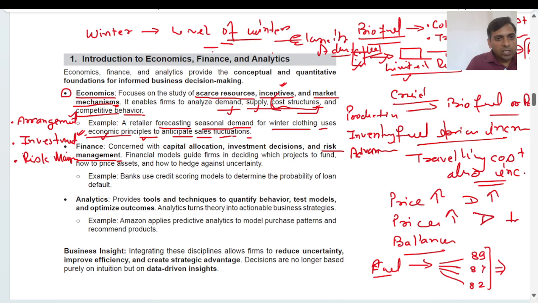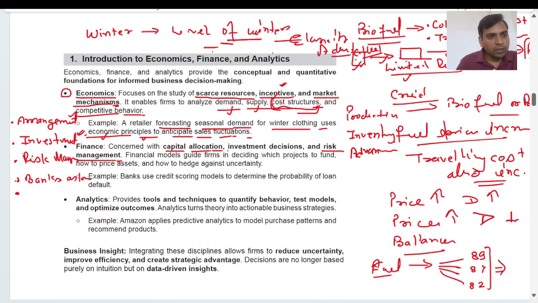Okay, so arrangement of funds. Basically in this we have considered capital allocation. So we will see later. So arrangement of funds means if you need to start a business, you can take money from your other businesses. You can take money from banks as loan.